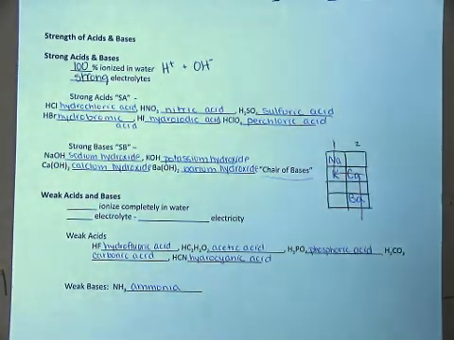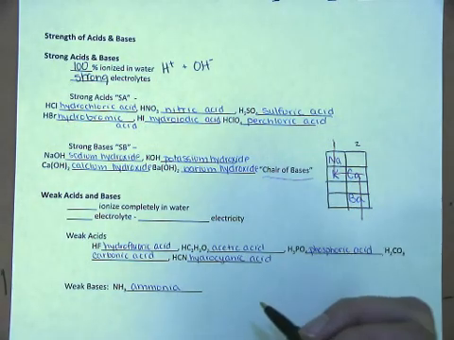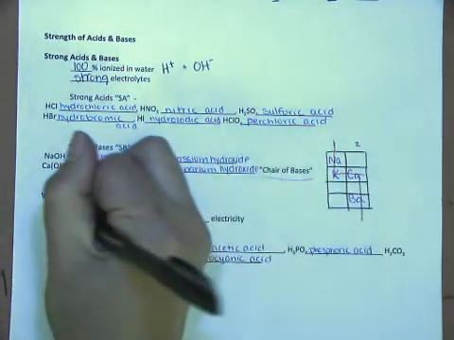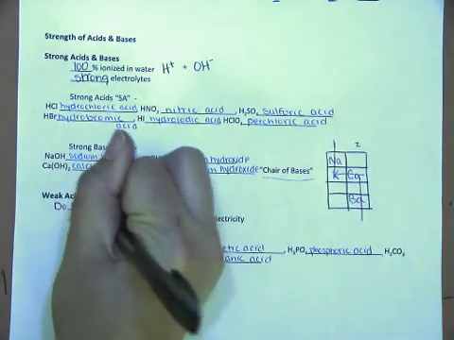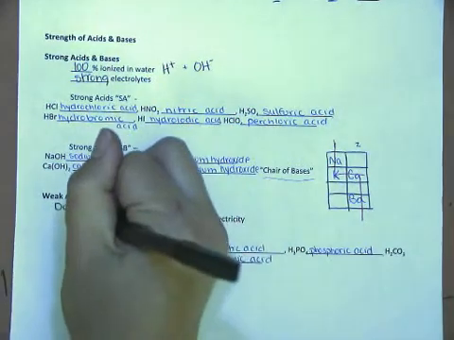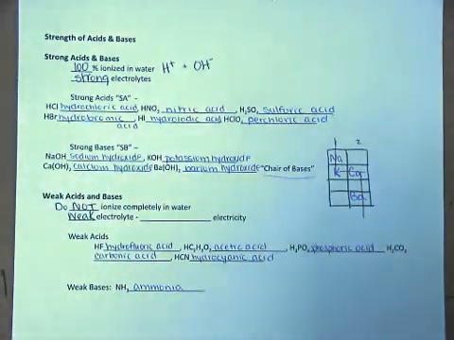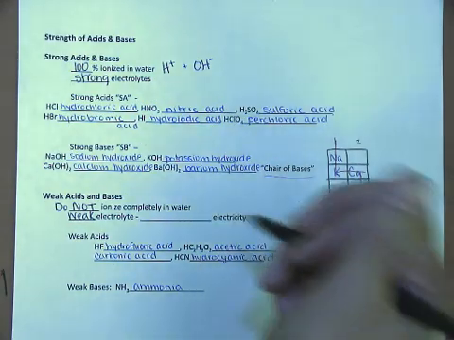Weak acids and bases only partially ionize in water. So they do not ionize completely in water. They're considered weak electrolytes because they only kind of conduct electricity.